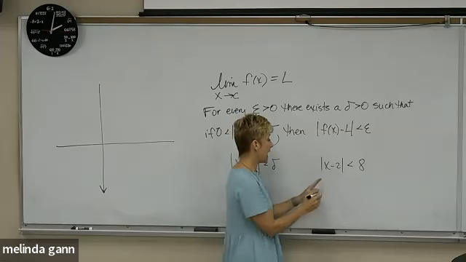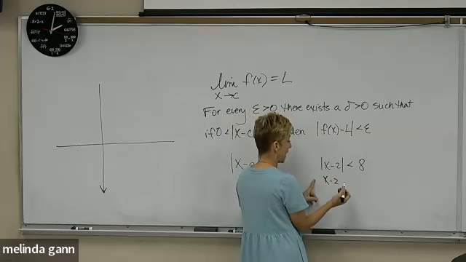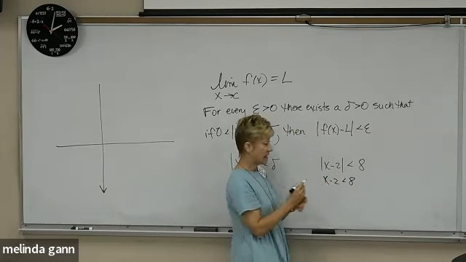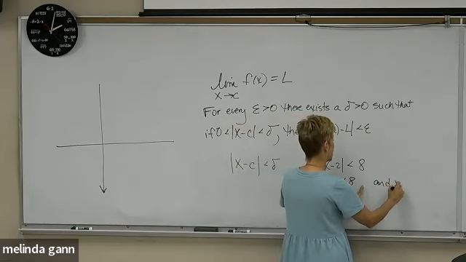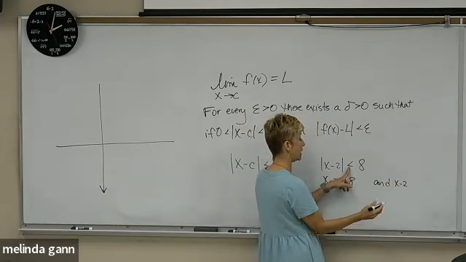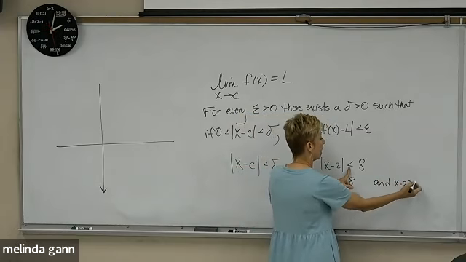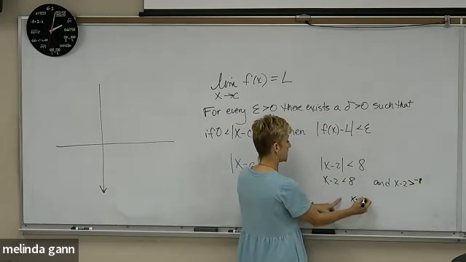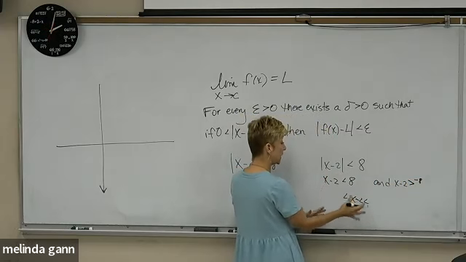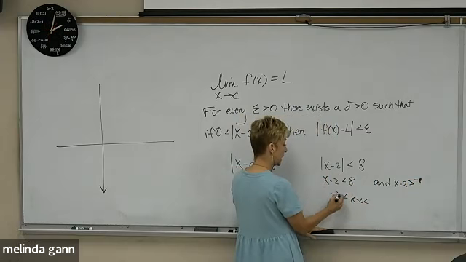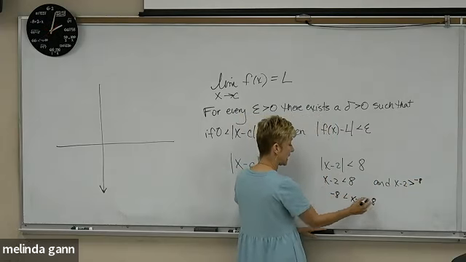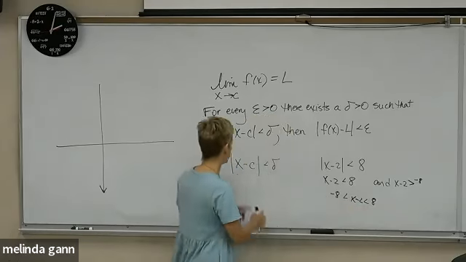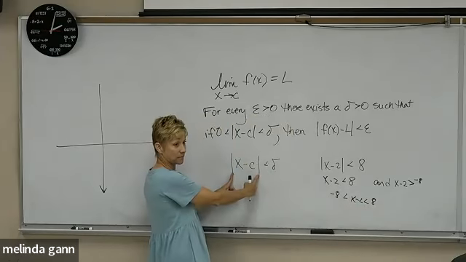So that means that x minus 2 has to be smaller than 8, and it means that x minus 2 has to be greater than negative 8. In other words, x minus 2 has to be between negative 8 and 8. Remember, that means and.